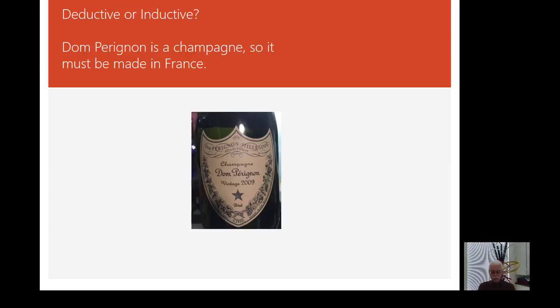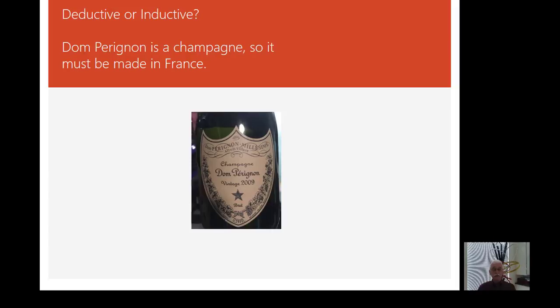An additional problem we have when we use these words like deductive and inductive is that the same utterance can be used to present either a deductive argument or an inductive argument. It all depends on what the arguer believes. For example, here's a short argument. Dom Perignon is a champagne, so it must be made in France. Inductive or deductive?